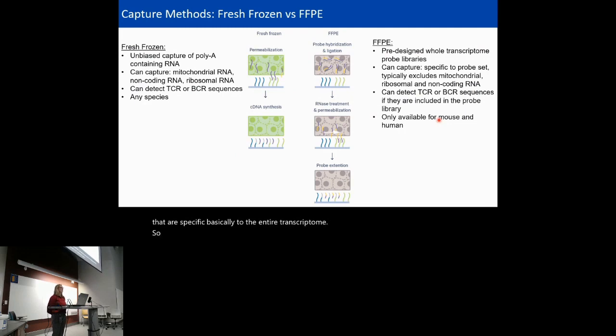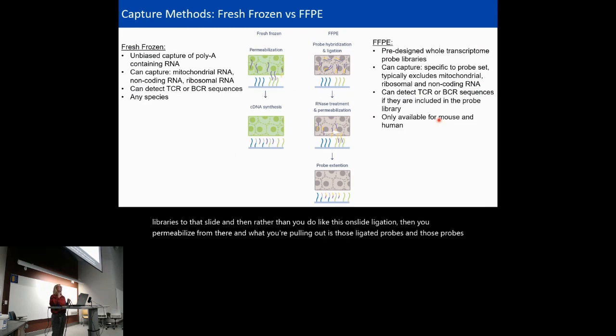So now what you can do is take a degraded RNA sample, hybridize your probe libraries to that slide, and then do an on-slide ligation, then permeabilize from there, and what you're pulling out is those ligated probes, and those probes are then sticking to the poly-dT tails that are on those barcoded slides, okay?